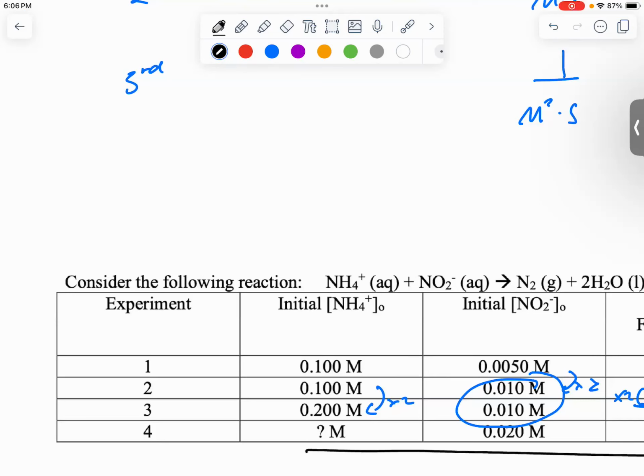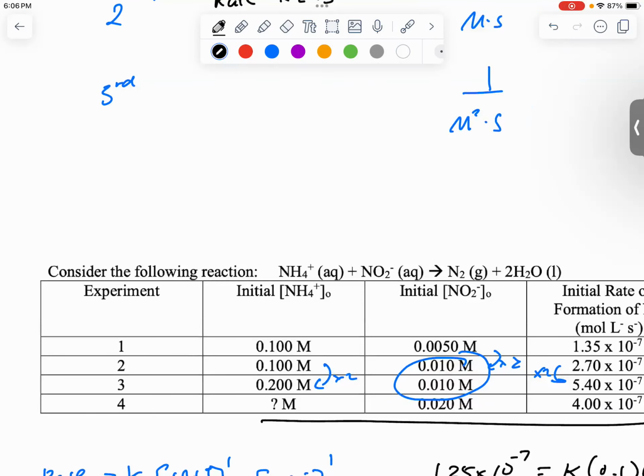All right, now what does it mean? An elementary step is like the little steps of a multi-step reaction. So the reaction that I'm showing you here, consider this equation right here as an overall reaction. But there's a lot of stuff happening in between, in the middle of the process. But that is just the overall look.